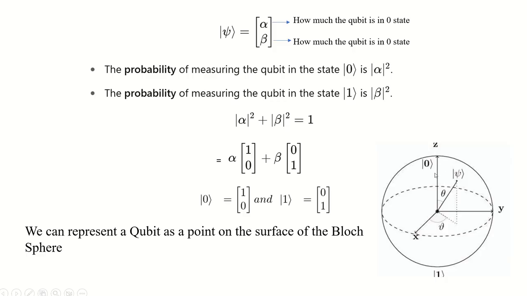If the vector is pointing perfectly vertical towards the north pole of the sphere, then that means the qubit is taking the value 0. And if it is pointing exactly opposite towards the south pole of the sphere vertically, then that means the qubit took the value 1. And in between any position, it means it is in a superposition of 0 and 1, with the probability being the respective coordinates alpha beta.